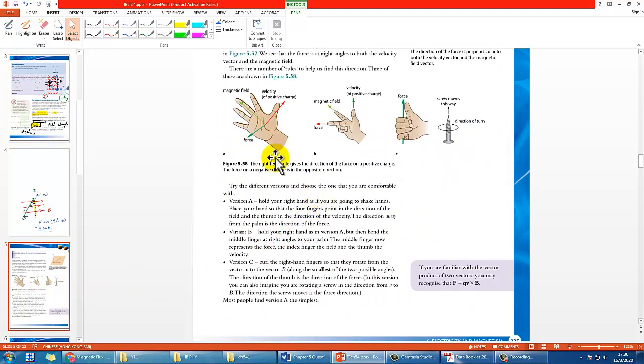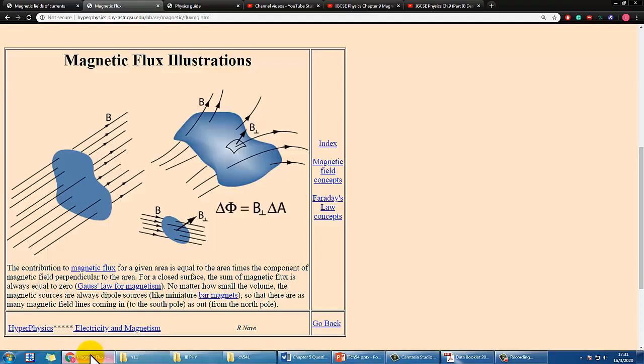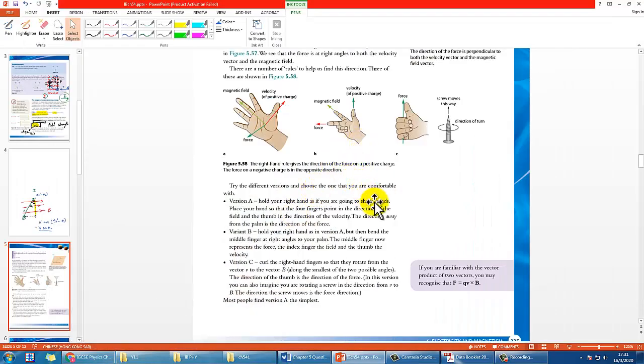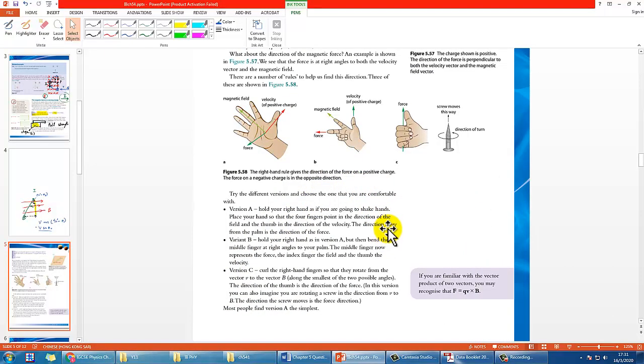If you are interested, you may want to take a look, but I would say if you already understand what we have been using for IGCSE, it may be the most convenient and secure for you to stick with the approach that we've been doing so far.